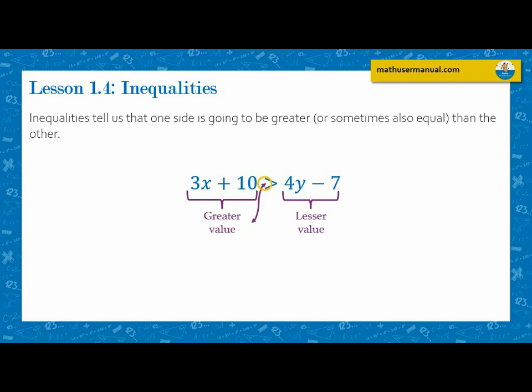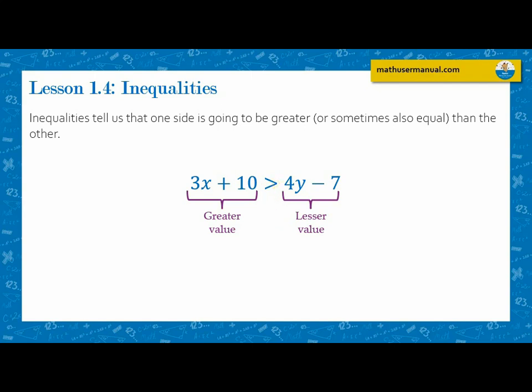So that's how we know that 3x plus 10 is the greater, because 3x plus 10 is on the opened part of the symbol. Then, of course, the closed side of the symbol points towards the lesser side, the smaller side. And that's how we know that 4y minus 7 is the smaller part, because 4y minus 7 is at the closed part of the symbol.